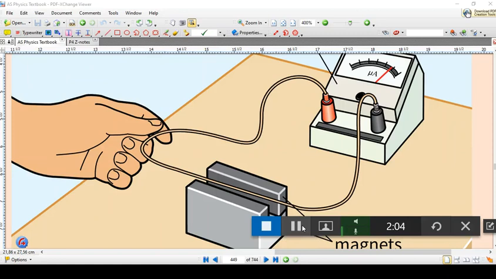Another alternative way of doing this is when we connect a wire to an ammeter or a galvanometer, and we move that wire up and down through a magnetic field. We also see that the moment we move the wire, there is a current. Now, the faster we move the wire and the more of the wire that's inside the magnetic field, the bigger the current will be.